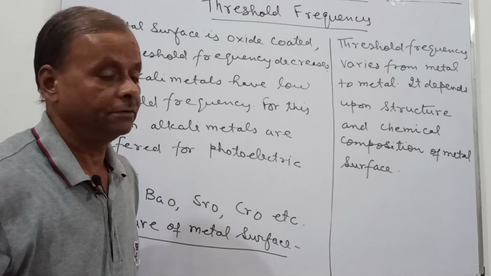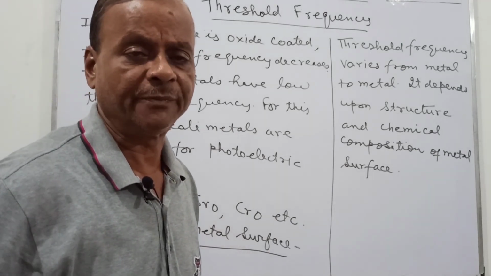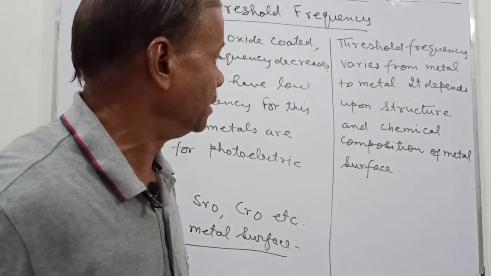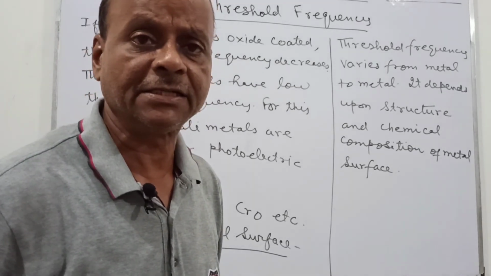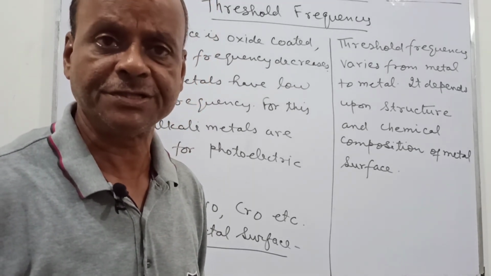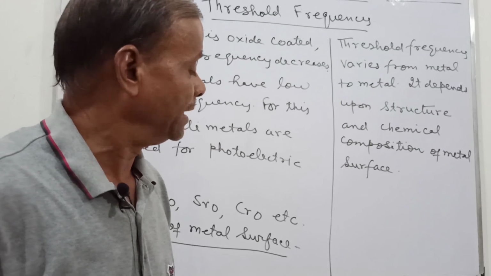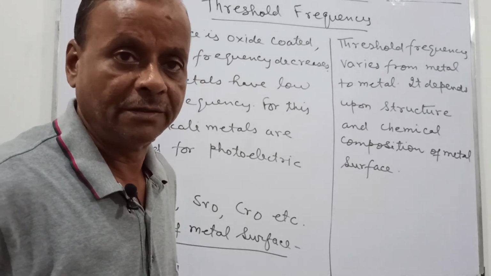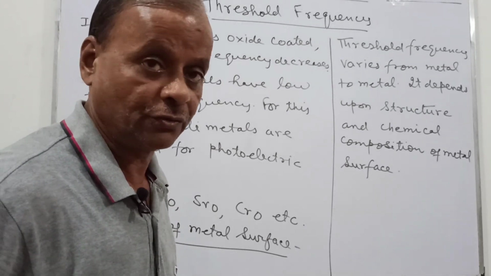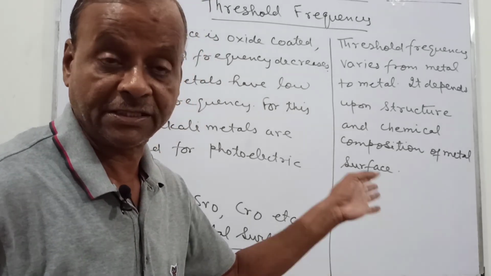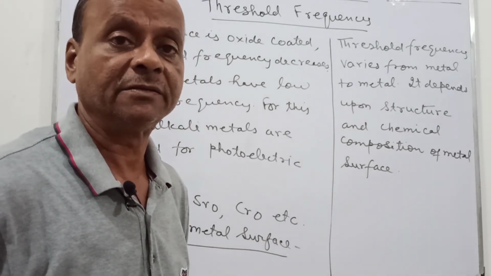It means that if they have different chemical composition and different structure, like the crystal structure, FCC, BCC, then this threshold frequency is also affected by that. So this is why it is different for different materials.